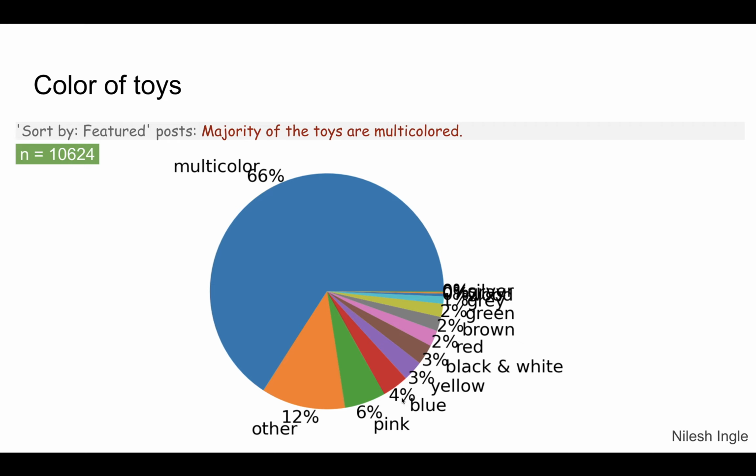In this data set, 4% are blue, and then you have 3% yellow, 3% black and white, 2% red, and so on. So that's pretty interesting to see what is the importance of color of toys that people like, and it seems that most of the people like multicolored toys. By that I mean most of the children like multicolored toys.